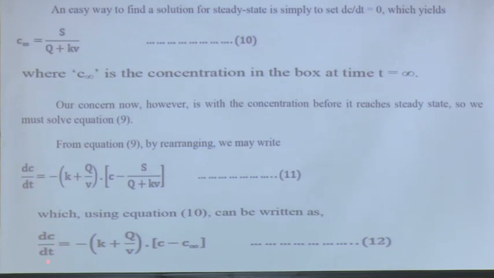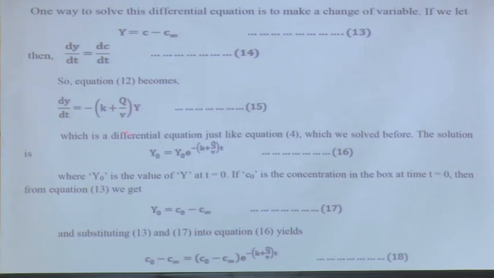So, here I will replace dC/dt with dy/dt, and I can write dy/dt is equal to minus (k + Q/V) times y. Any doubt?